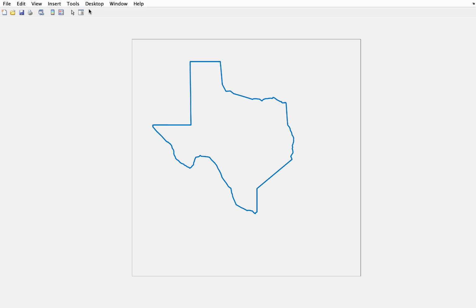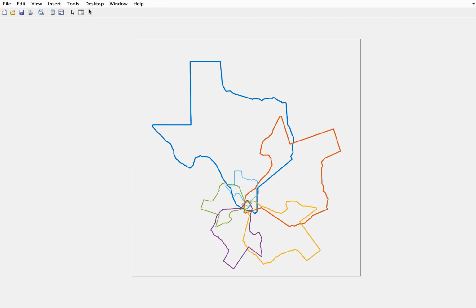In other words, I apply to every 2-dimensional coordinate A times the coordinate plus a 2-dimensional vector, where the 2 norm of A, that is the largest singular value, is less than 1. What happens? Does Texas shrink? In fact, it does. It gets smaller and smaller and smaller. Here we see an example of a contraction being played out.